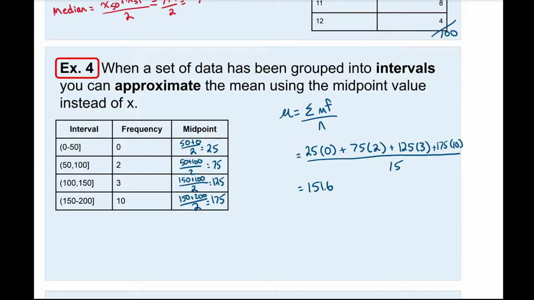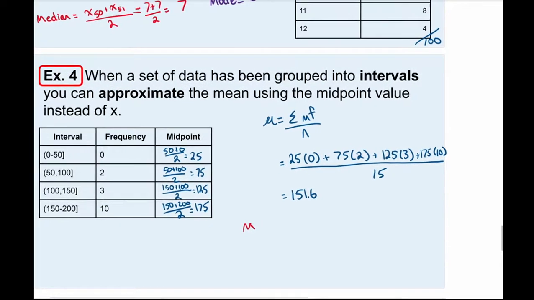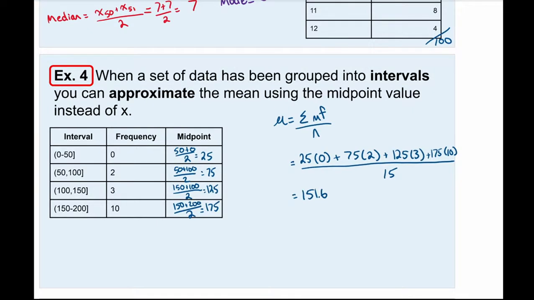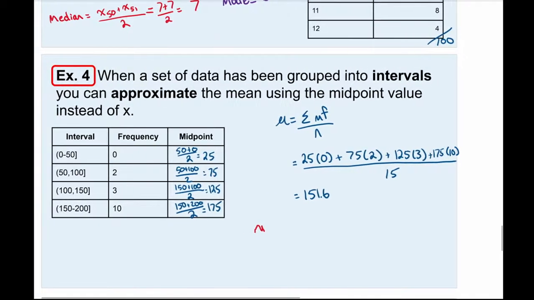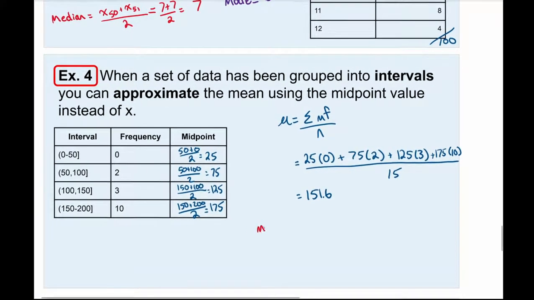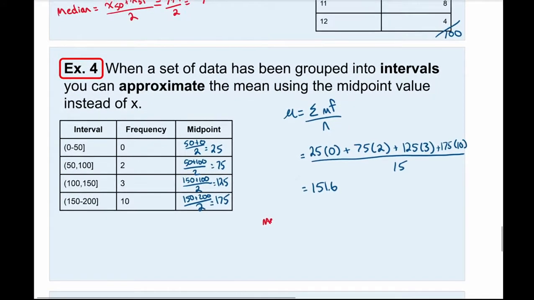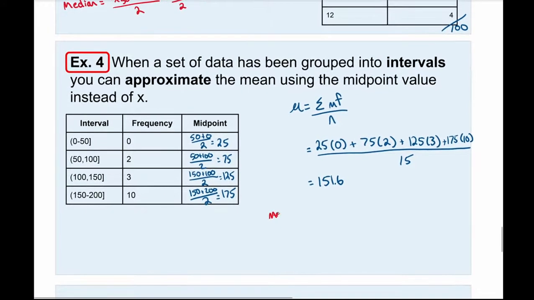To find the median, I want to find the middle value.